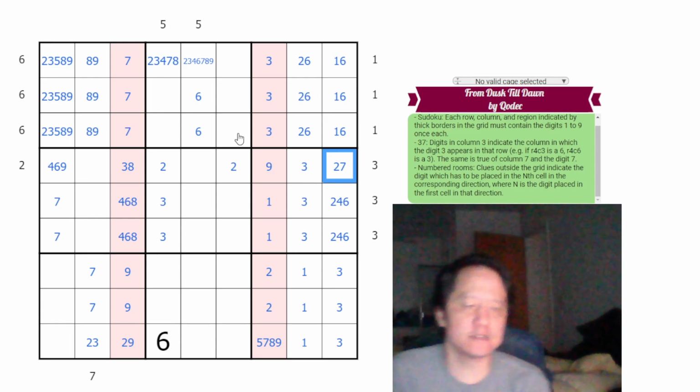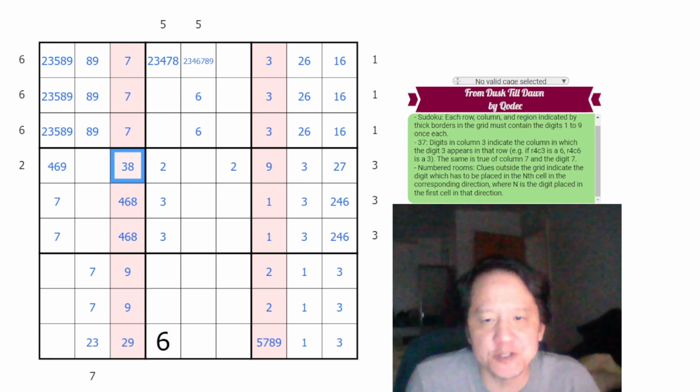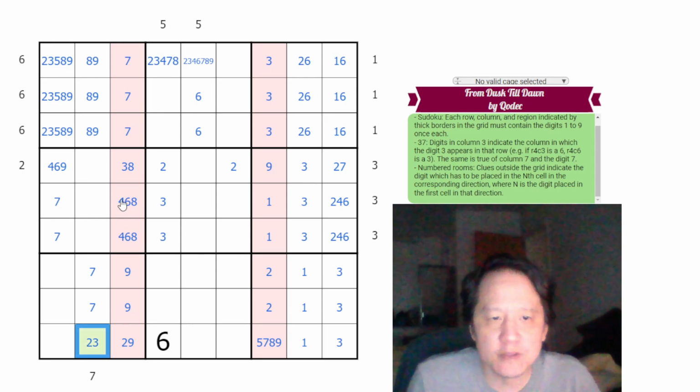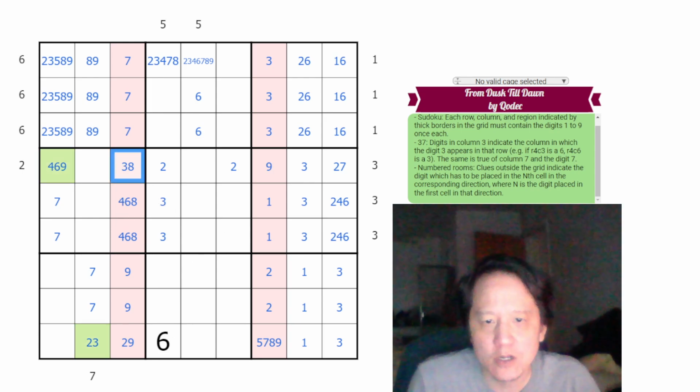I mean, it does, so that gives us information about, so we know limitations about this square, this square, this square, and now this square.